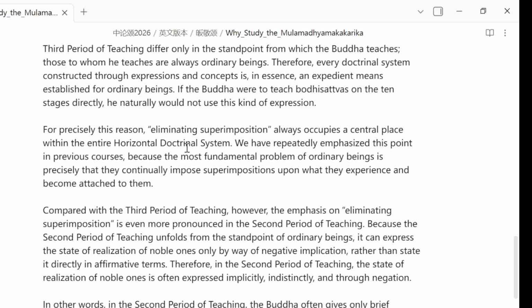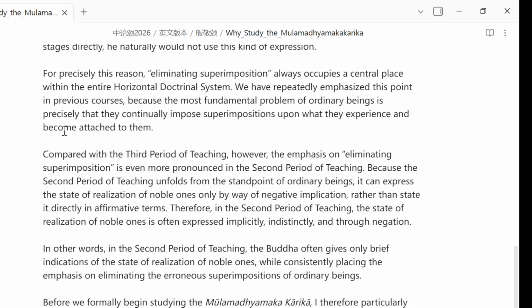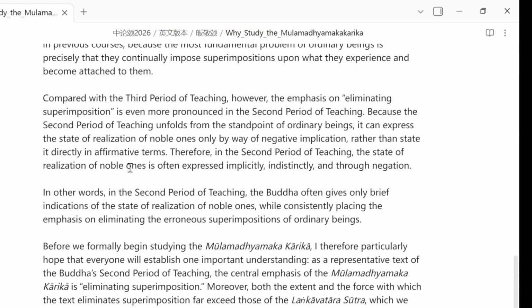We have repeatedly emphasized this point in previous courses because this most fundamental problem of ordinary beings is precisely that they continually impose superimpositions upon what they experience and become attached to them.